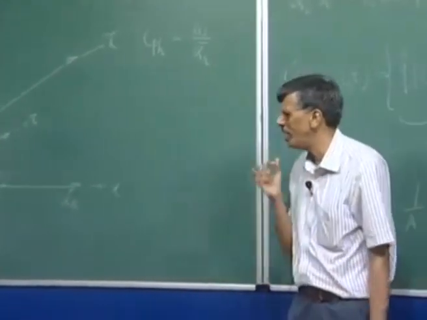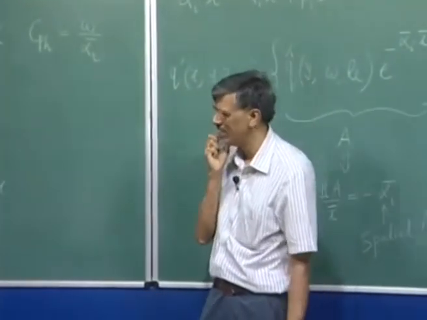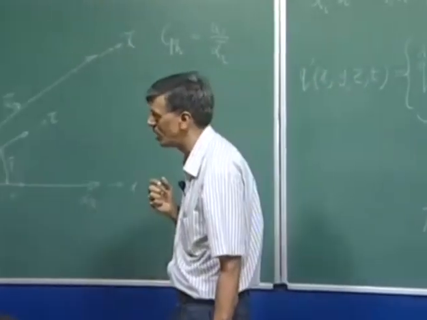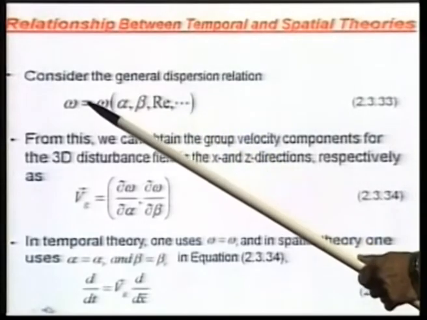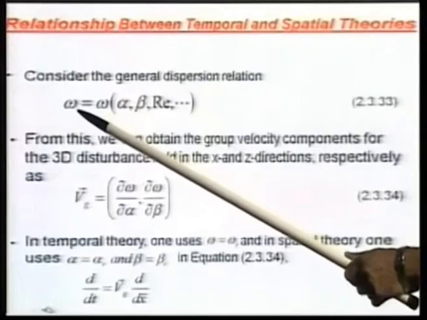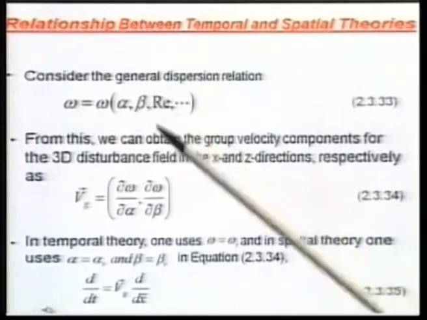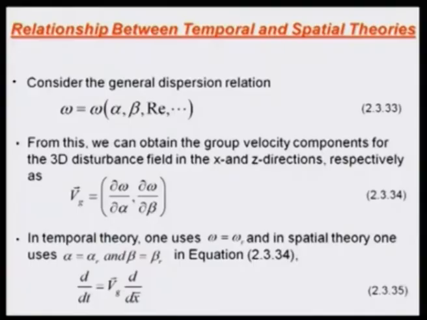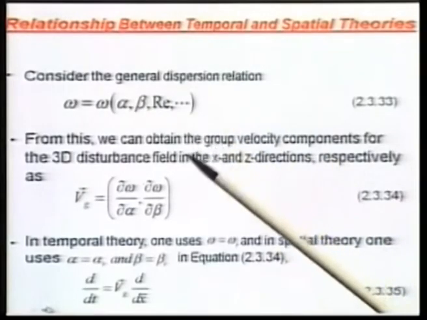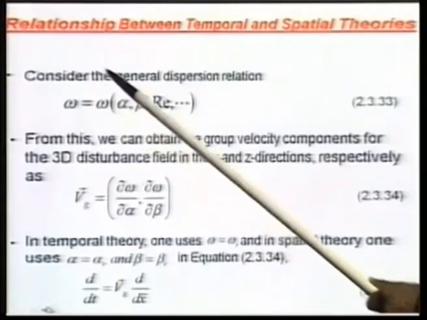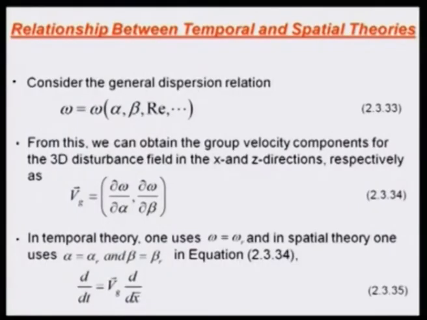How can we get around that is not an easy answer. However, what we know is that we have a general dispersion relation of this form. That is how the circular frequency is related to the wave number. If we have some such relation, then we can differentiate those omegas with respect to alpha and beta, and then we get the corresponding group velocities.